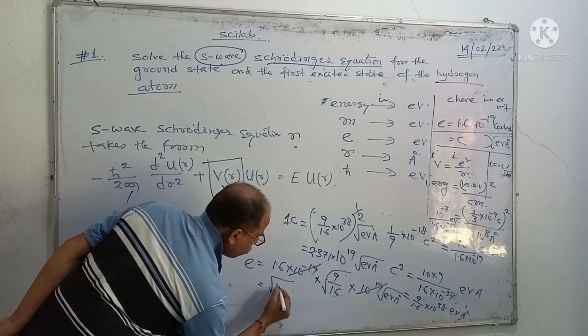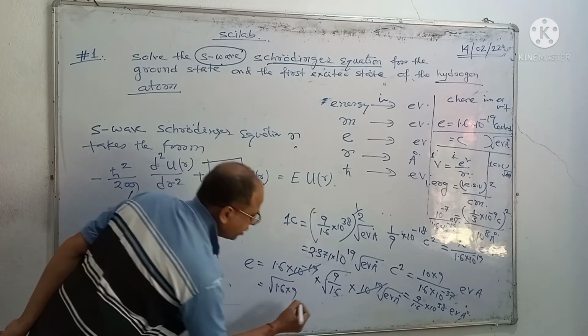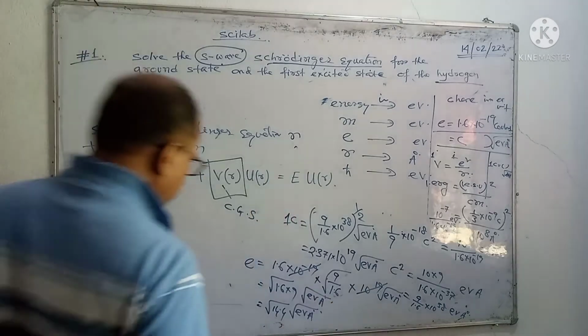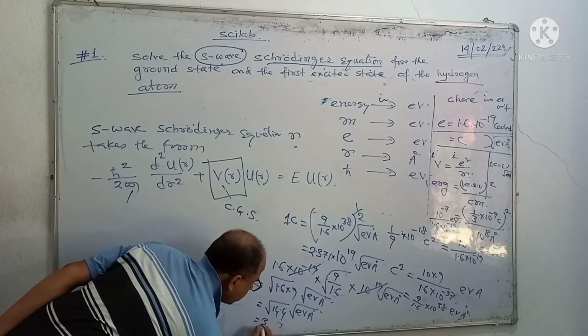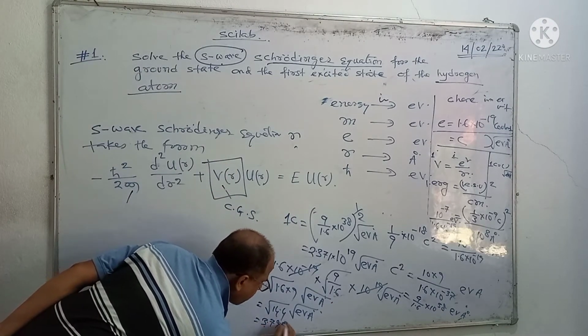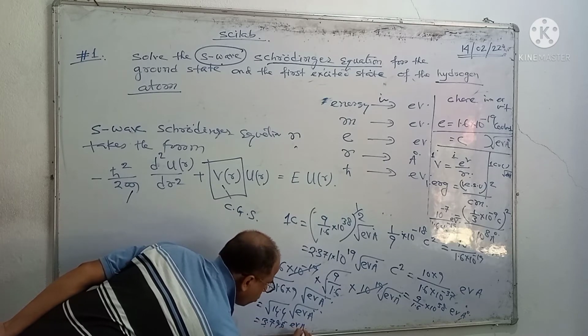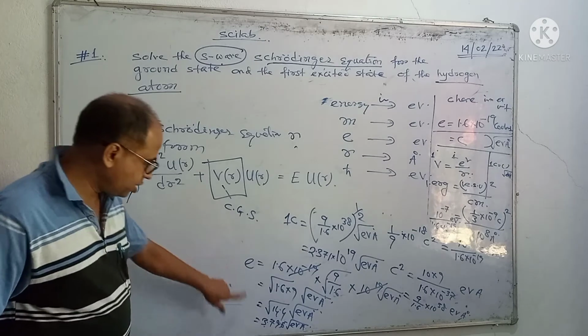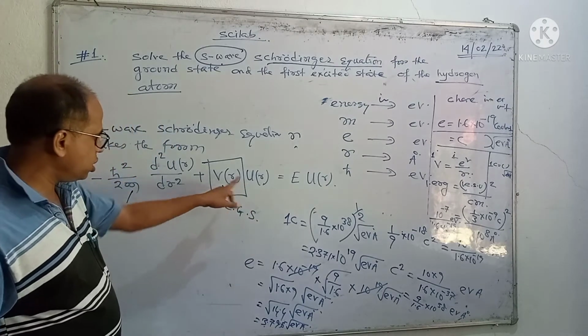Root over 1.6 into 9 electron volt angstrom. Therefore this is 3.795 electron volt angstrom square. This charge I will use in this equation.